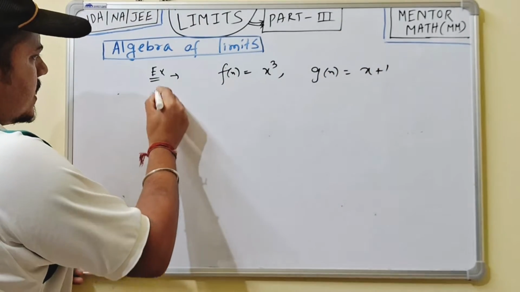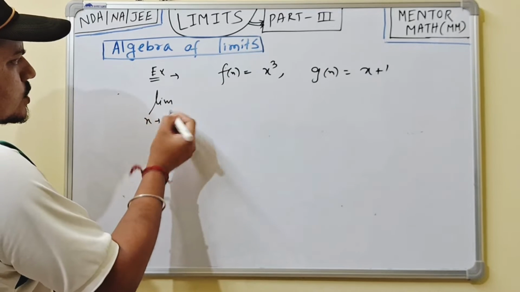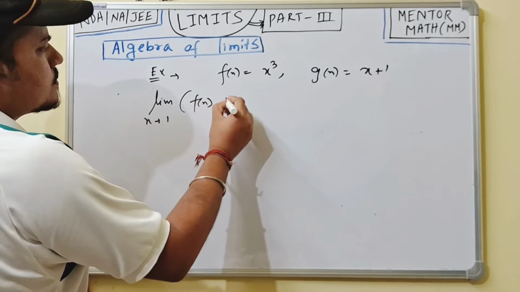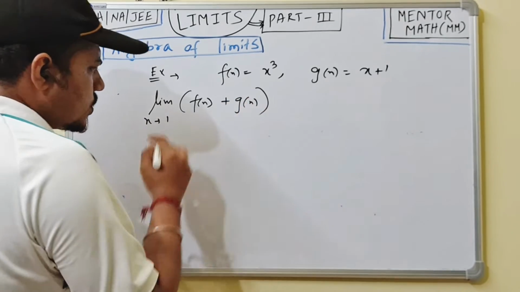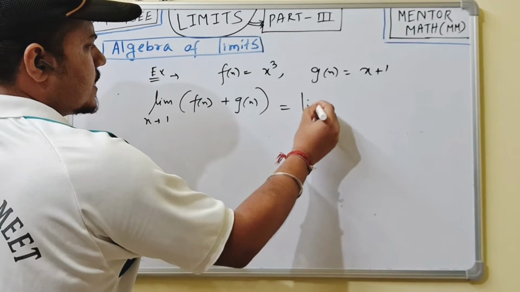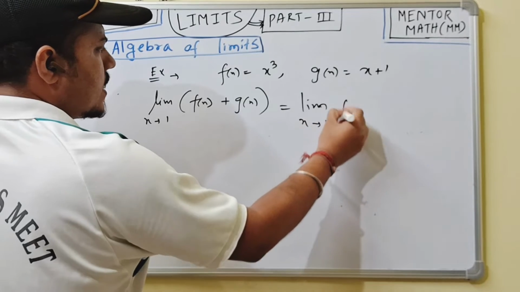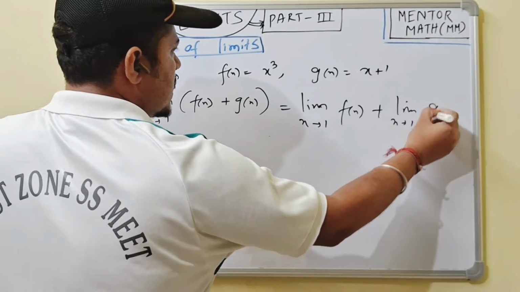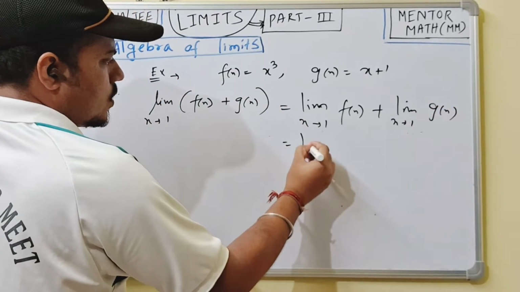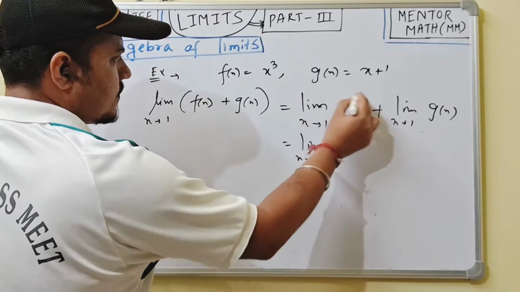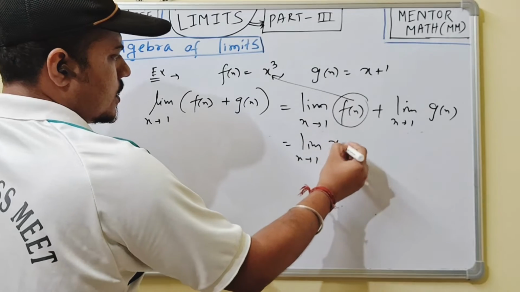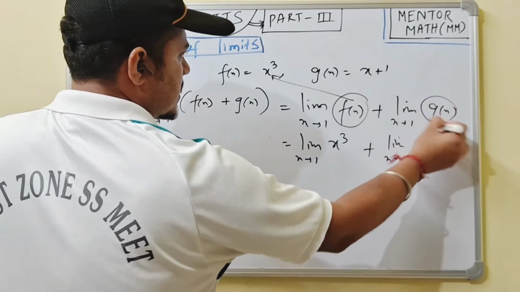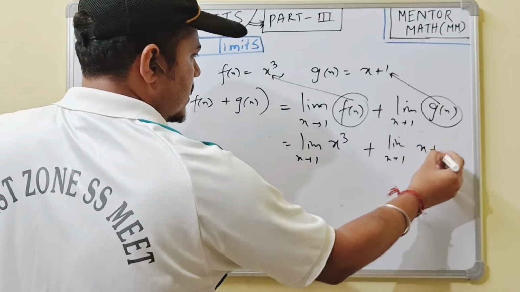If we find limit x tends to 1 of f(x) plus g(x), we can write limit x tends to 1 of f(x) plus limit x tends to 1 of g(x). Here x cube is a cubic polynomial and x plus 1 is a linear polynomial.